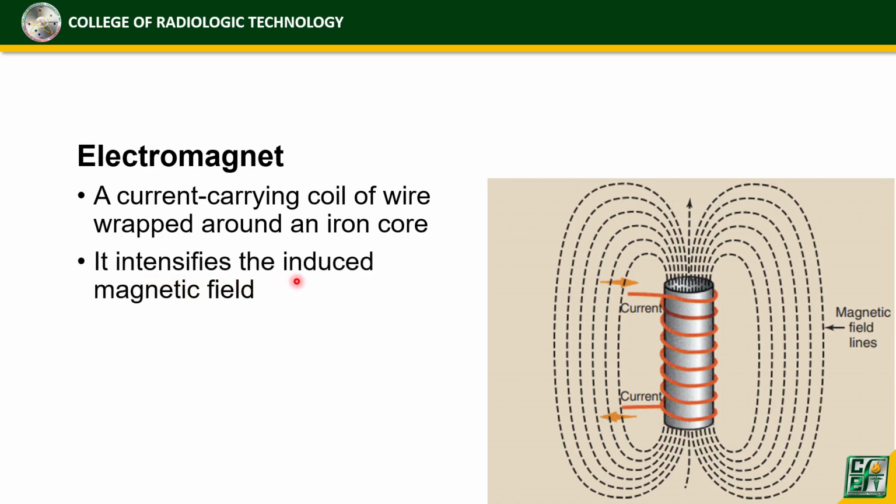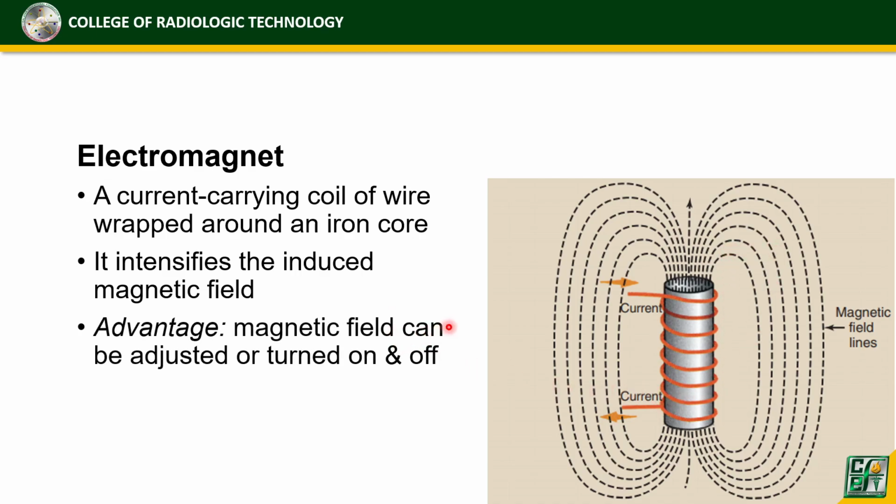It intensifies the induced magnetic field. So, yung current, makikita pa rin natin, pataas. Advantage ng electromagnet, magnetic field can be adjusted or turned on and off. Siyempre, pag kinatok mo yung power, mawawala yung magnetic field. Pag hininaan mo yung power, hihina yung magnetic field.